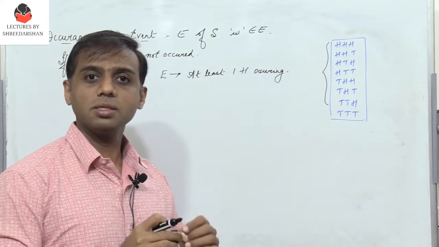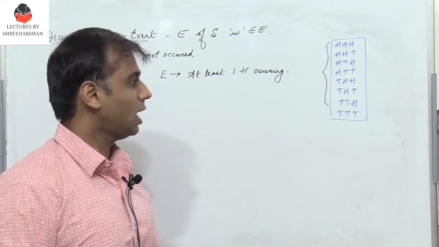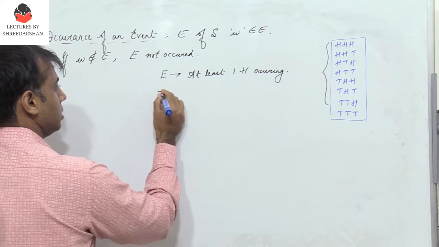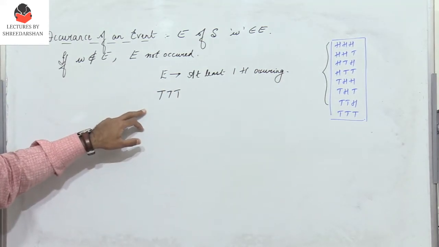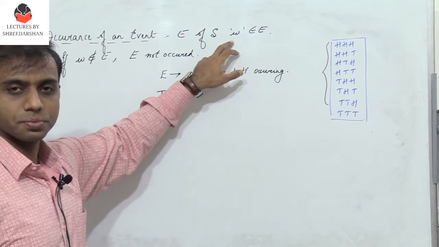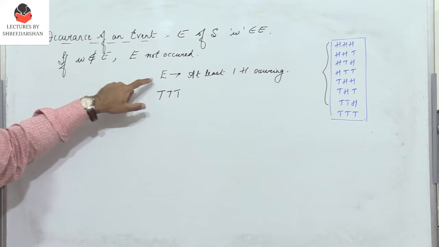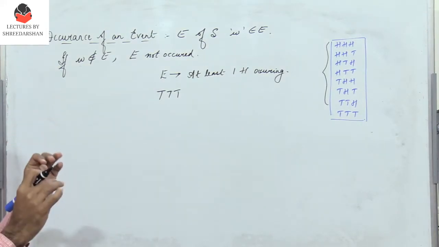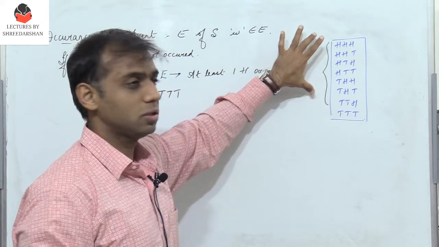Now let me consider conducting an experiment of tossing a coin 3 times and I end up getting 3 tails. So now the outcome of the experiment W does not belong to the event. What is the event E? The event E is at least 1 head occurring, so you can have 1 head, 2 heads or 3 heads.